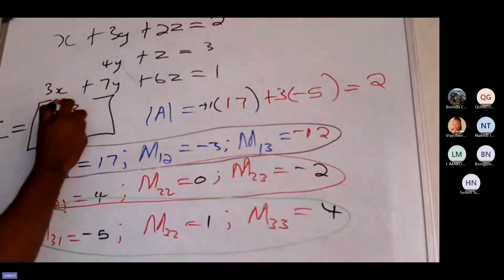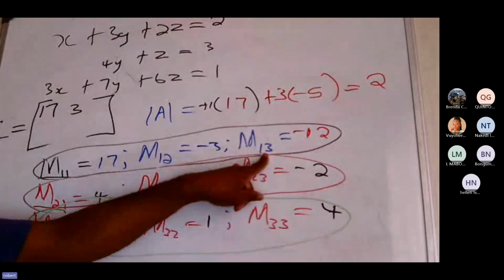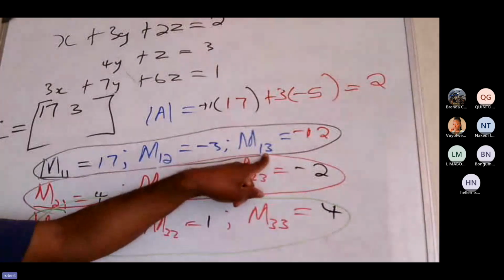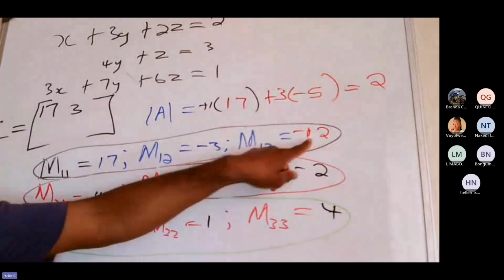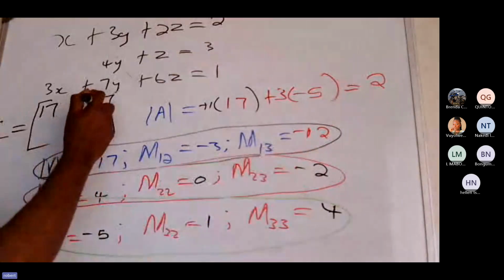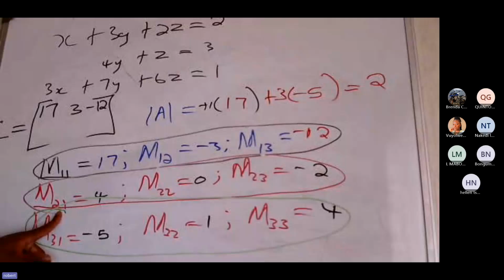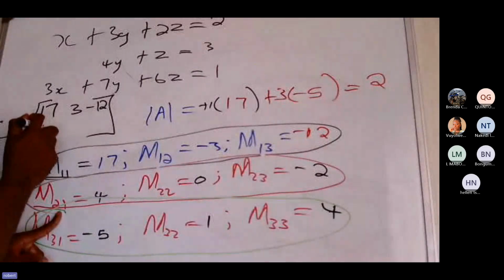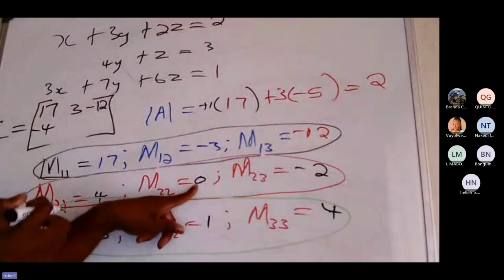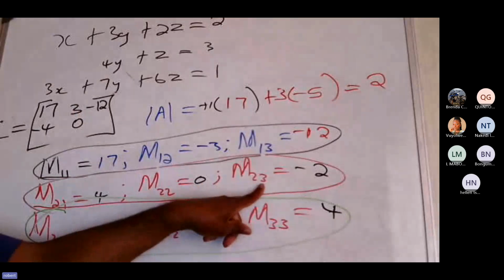So then it will be 3 here. What about this one? 1 plus 3 is even. Therefore, we are going to multiply this by positive. Then it will be this. What about this? It's odd. Therefore, you're going to multiply it by this. What about this? Doesn't matter. What about this?